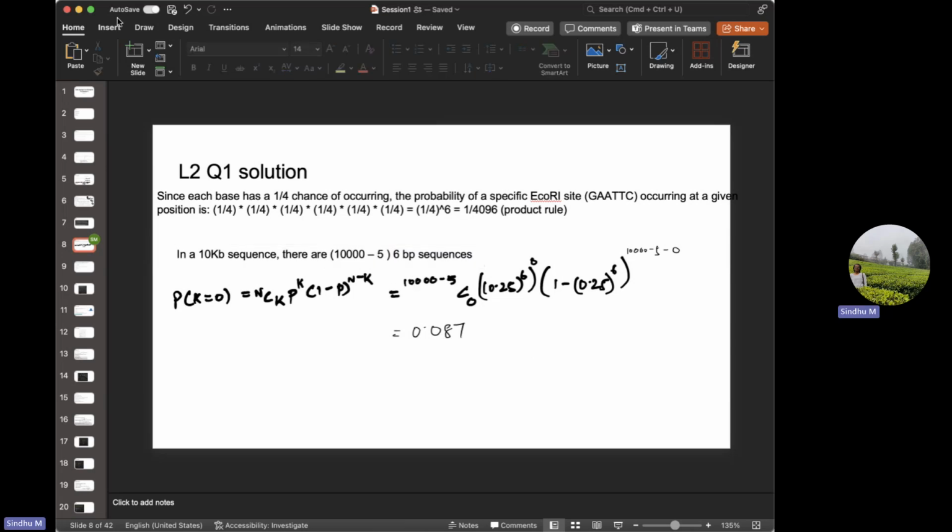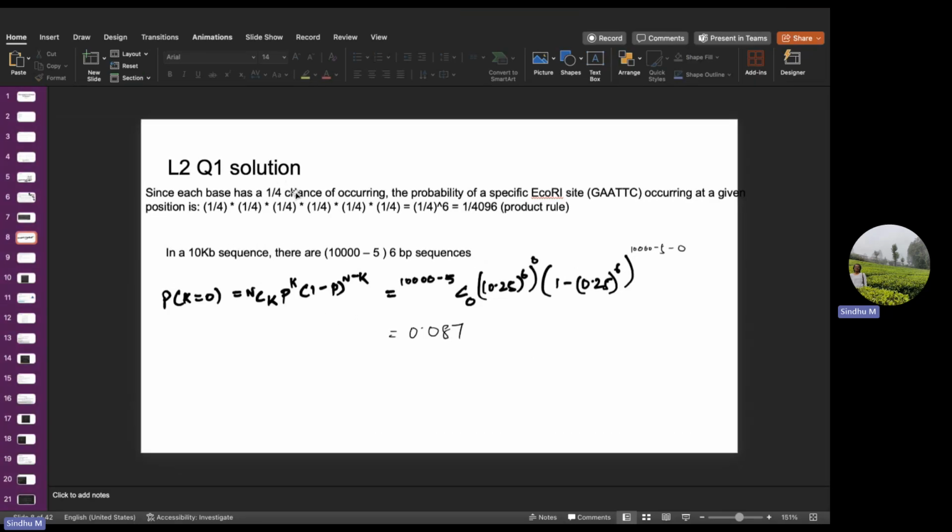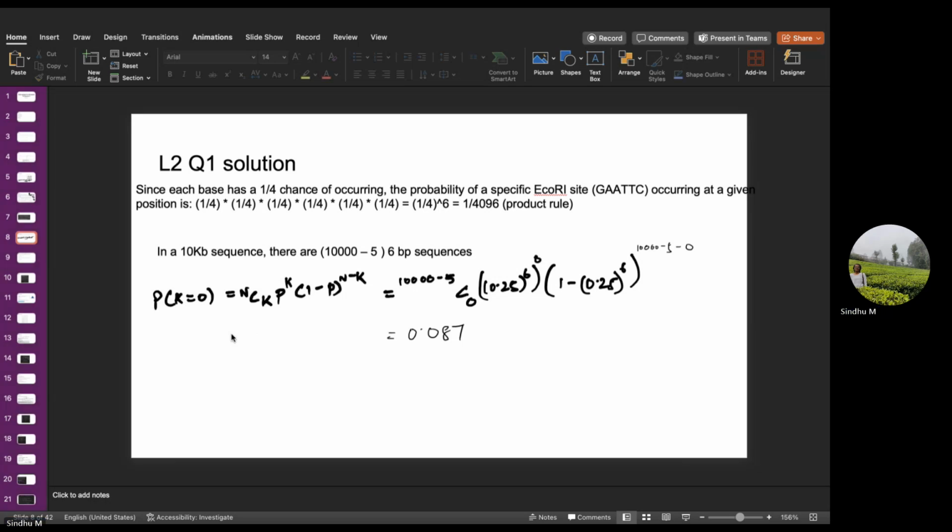Then we can use this formula from permutation and combination. Here n is the total number of combinations, which we have found to be 10,000 minus 5.